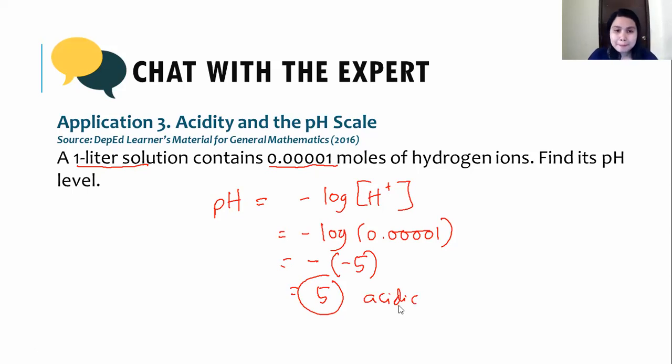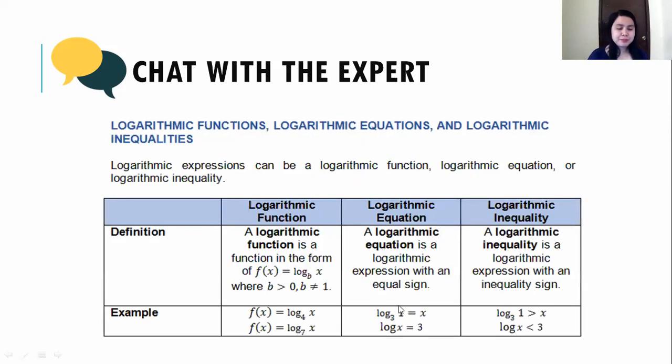Now, let us distinguish logarithmic functions, logarithmic equations, and logarithmic inequalities. Remember that if a logarithmic expression is equated to f of x or equated to y, that is called a logarithmic function. While if it's equated to another variable or another number, it's called a logarithmic equation.